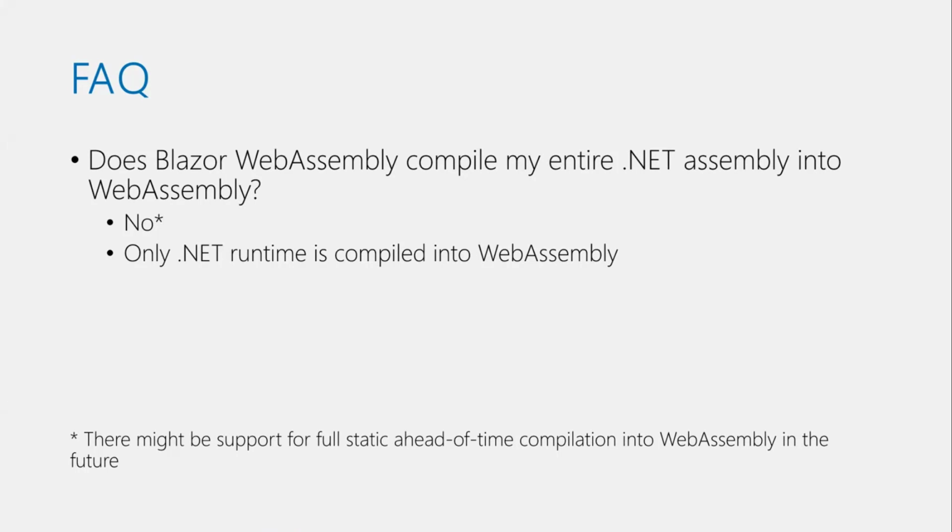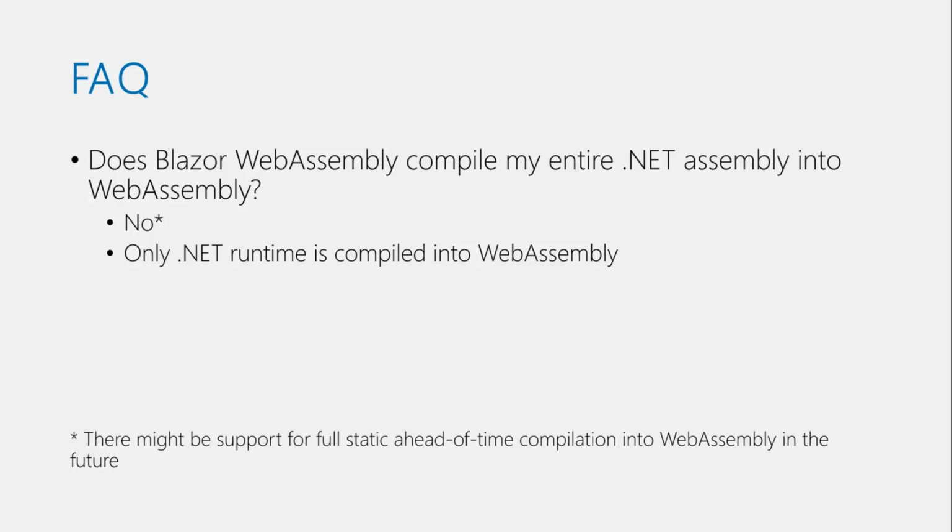Some of the frequently asked questions I usually hear is, does Blazor WebAssembly compile my entire .NET assembly into WebAssembly? Yes and no, kind of. So no, there might be some support later on.